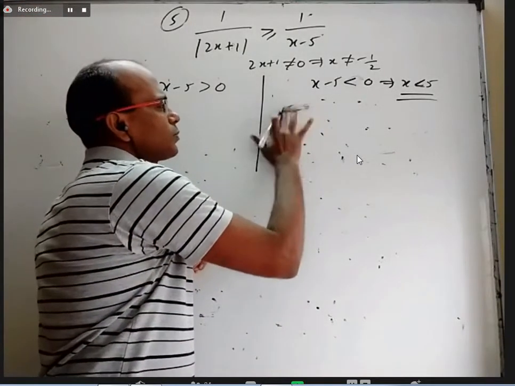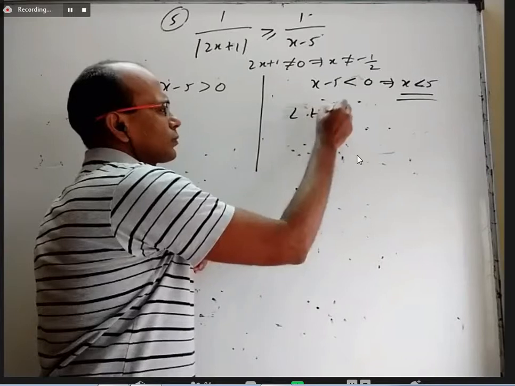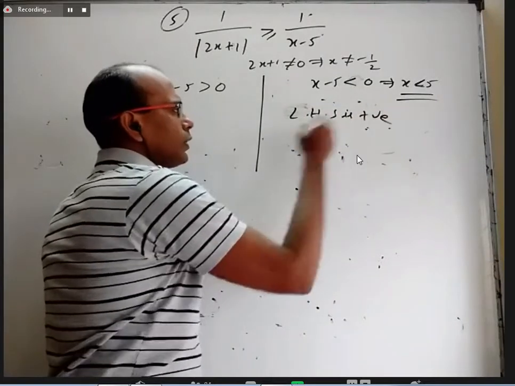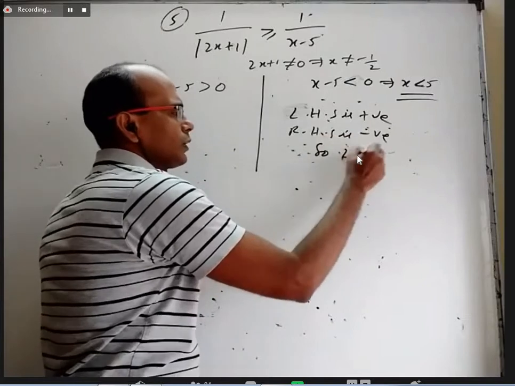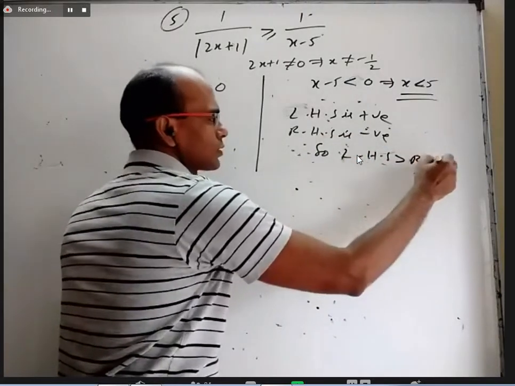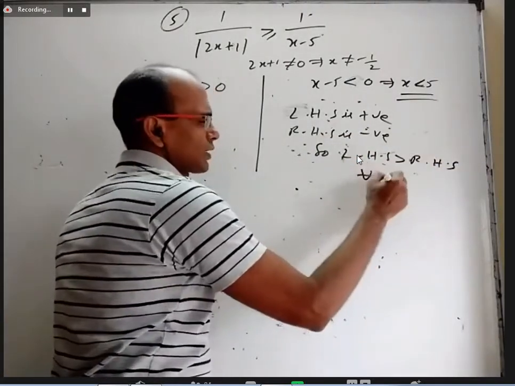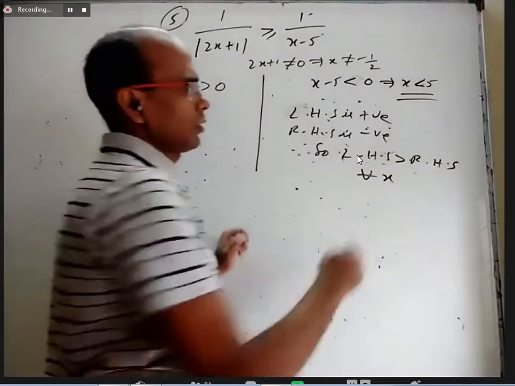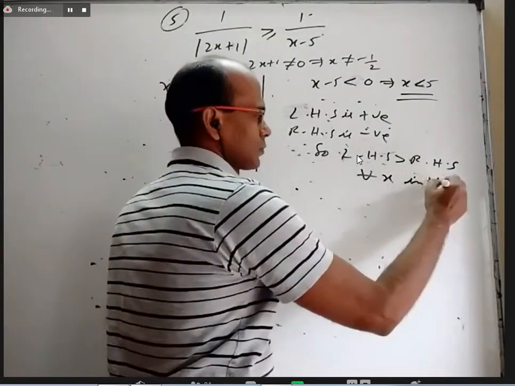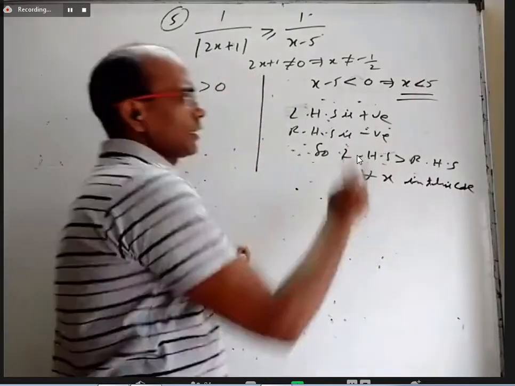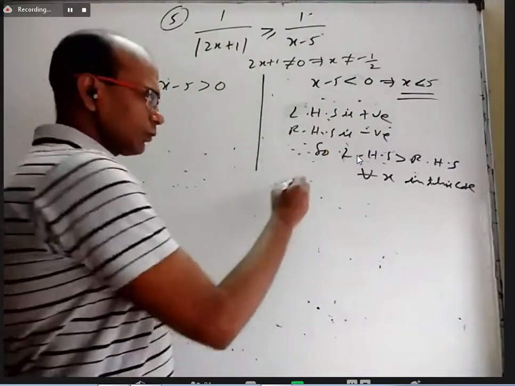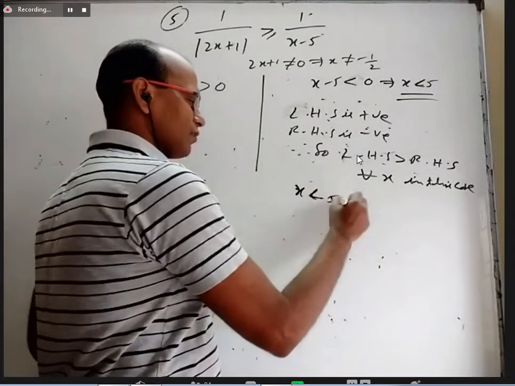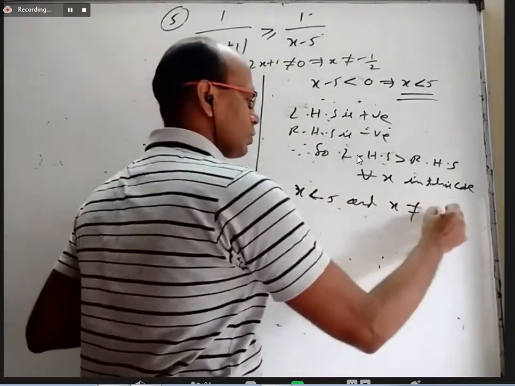So LHS is positive, RHS is negative. So LHS is greater than RHS for all x in this case. What is the case? Less than 5. But minus 1 by 2 is there, which we don't want. So x less than 5 and x should not be minus 1 by 2.